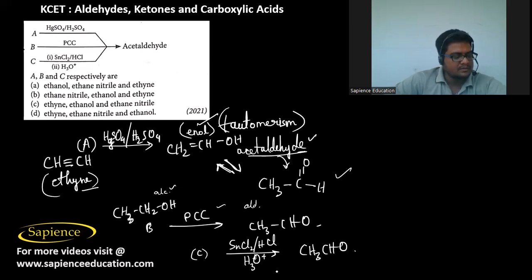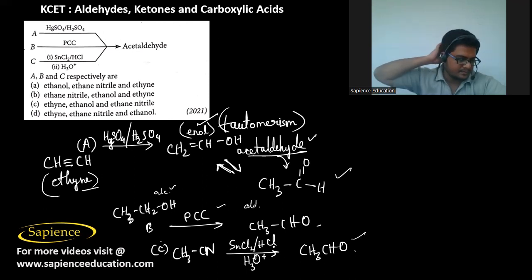So here it should be CH3CN, which is the cyanide. So it should be CH3CN, which is ethane nitrile. So it is the compound C. The cyanide group is hydrolyzed into the CHO group in the presence of SnCl2 and HCl.